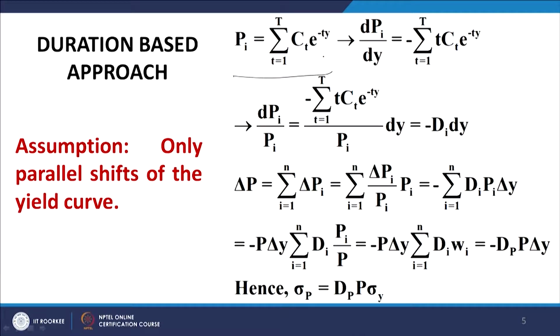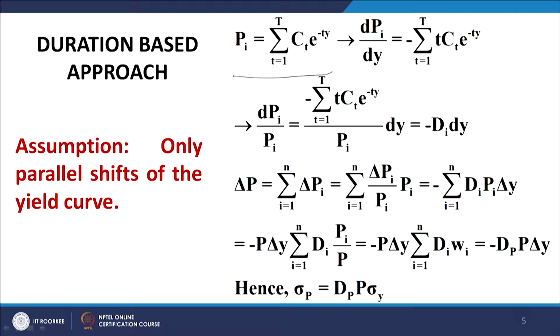It basically represents the total cash flow, whatever the source of the cash flow may be, whether it is coupon, principal, or both. So, P is equal to the present value of these cash flow payments emanating from the bond, and differentiating that with respect to y, we get this expression, which, on dividing by P and taking dy to the right hand side, gives us this expression into dy.